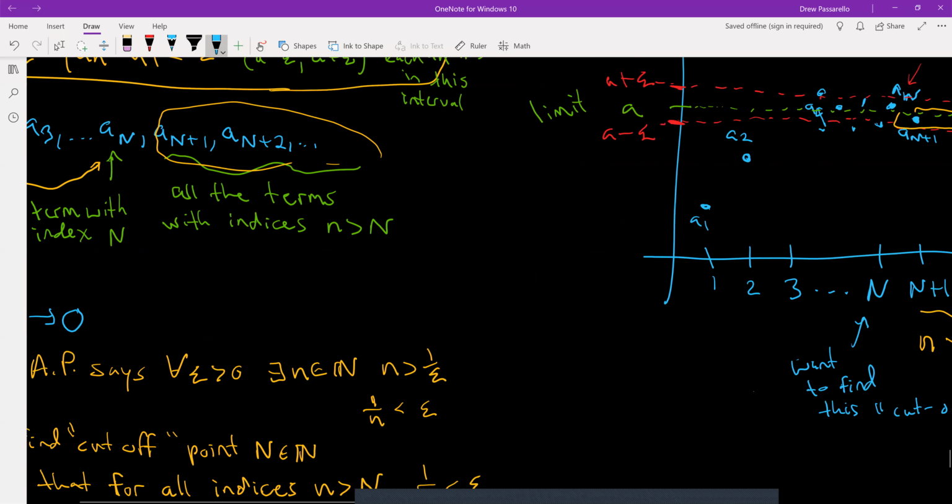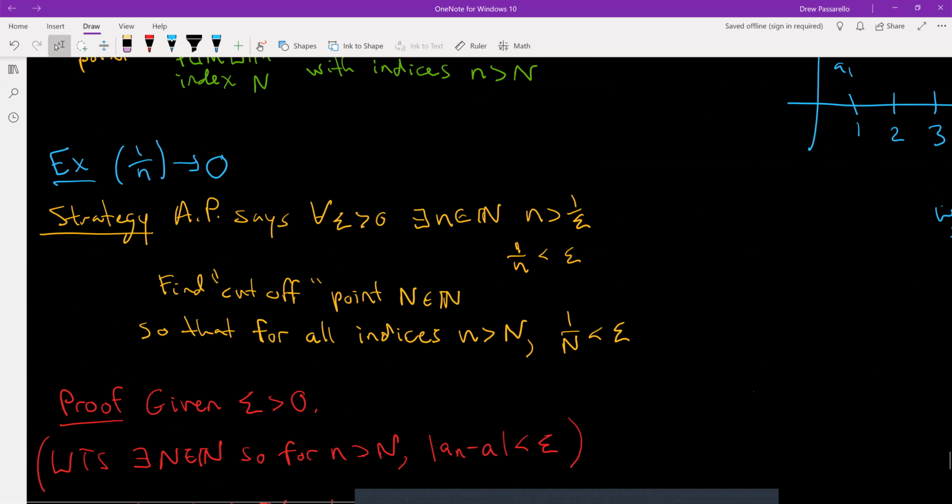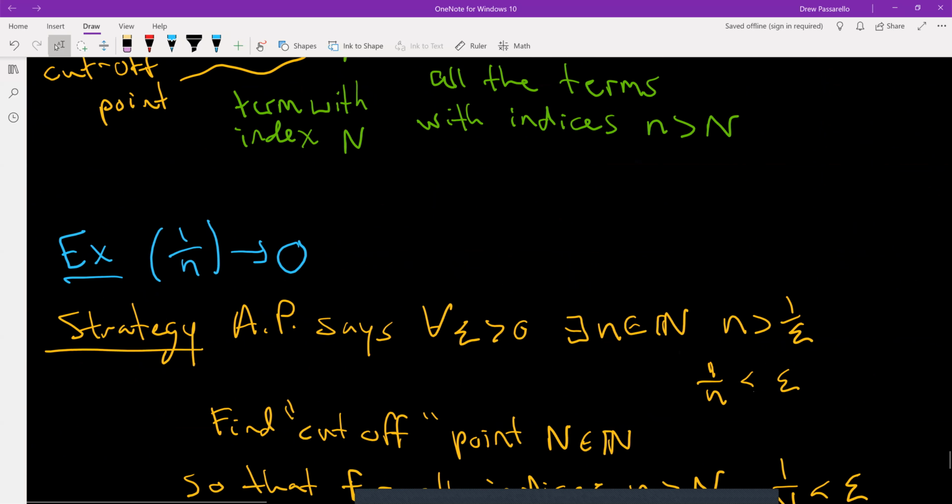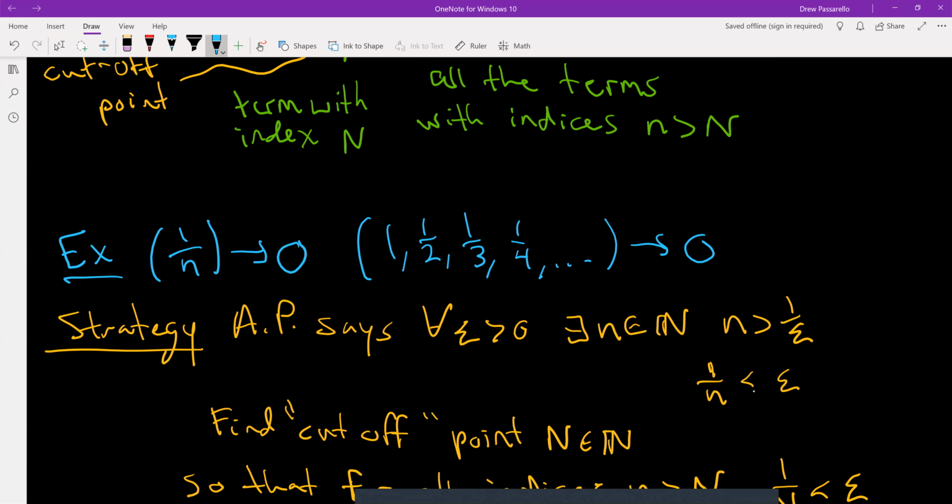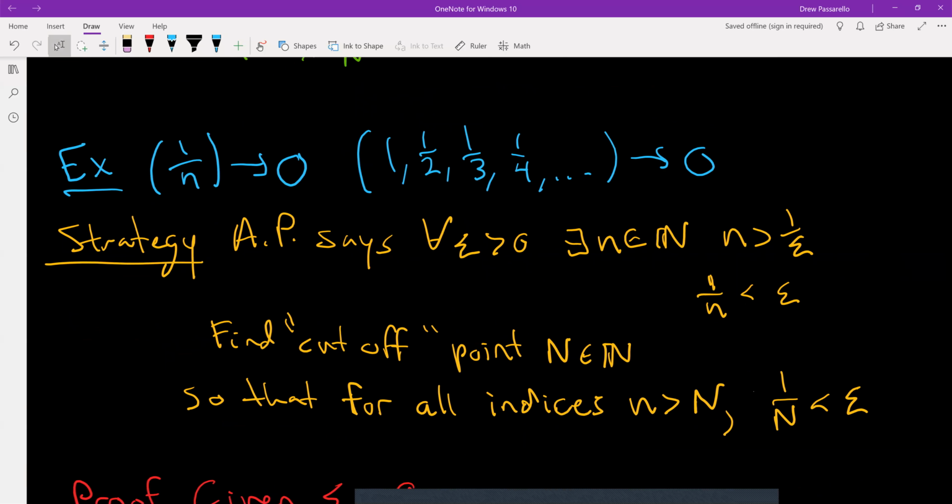Okay, so for our example where we had the sequence 1 over n, I claim that it converges to 0, so we're going to prove this claim. And again, 1 over n is 1, 1/2, 1/3, 1/4, dot, dot, dot. We're going to show that that converges to 0 using the definition. Now for the strategy, the Archimedean principle says that for any real number epsilon greater than 0, there exists a natural number n such that n is bigger than 1 over epsilon.